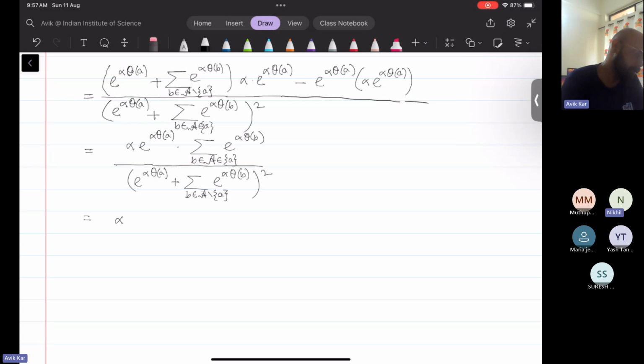Numerator, okay, the numerator is a multiplication of two terms. I'm coming to that. So let me write alpha theta a. If you separate these two things, I'm not writing whatever is inside that.